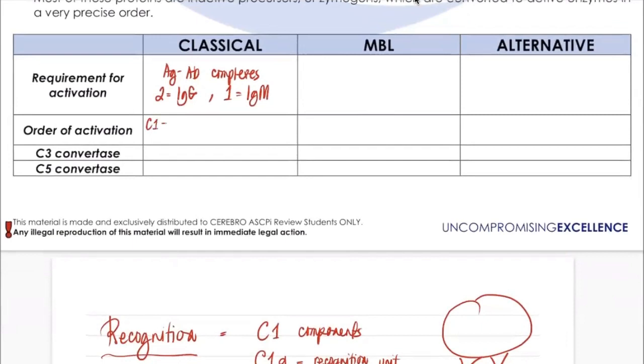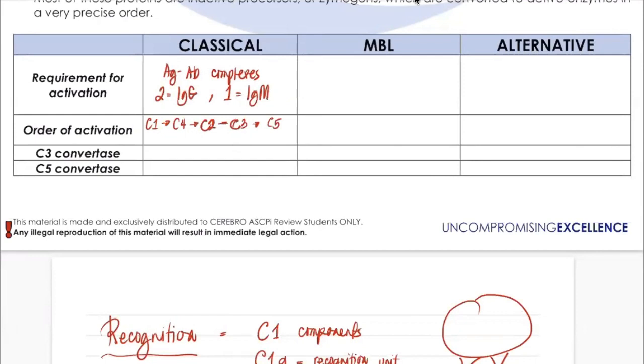Now, the order of activation dito, no, for the classical cascade would be C1. Okay, C1. Then we have C4, C2. Okay, para mabuo yung C3 convertase, para i-cleave yung C3. Mabuo yung C5 convertase, i-cleave yung C5, tapos didikitan na siya ng C6, C7, 8, 9, no, para mas madali.